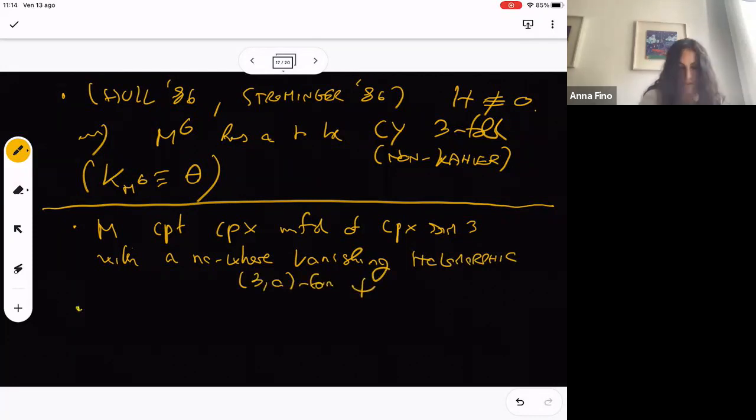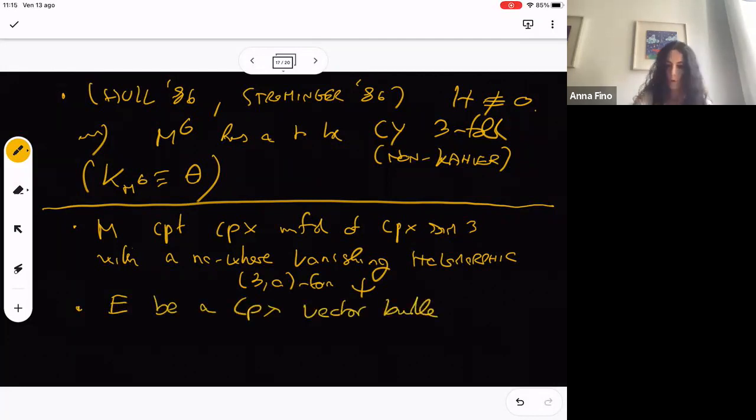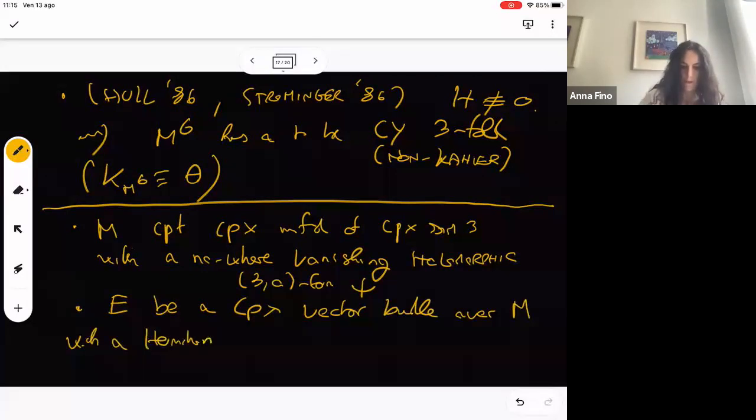And then we have the other object, which is the gauge bundle. So E is a complex vector bundle over M with a Hermitian metric that we call big H along its fibers.